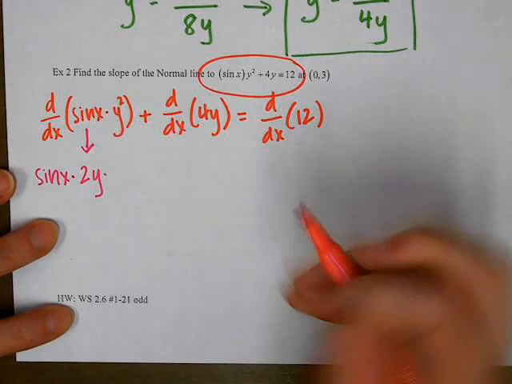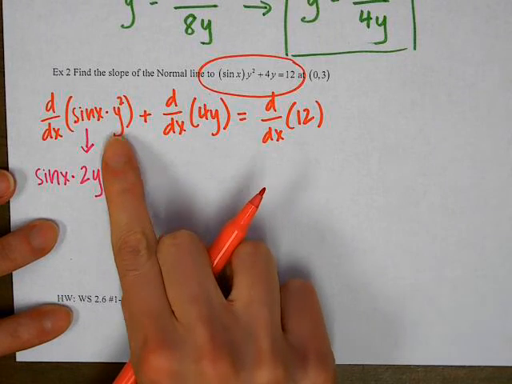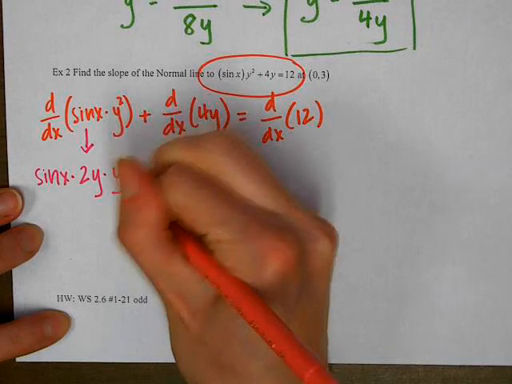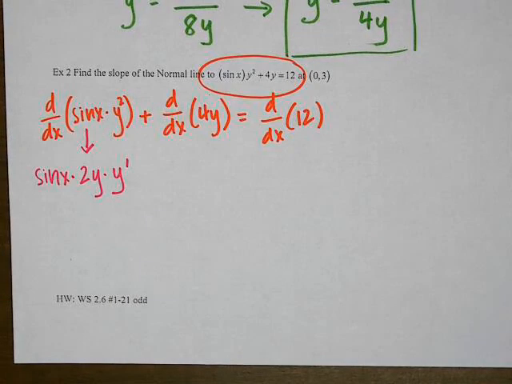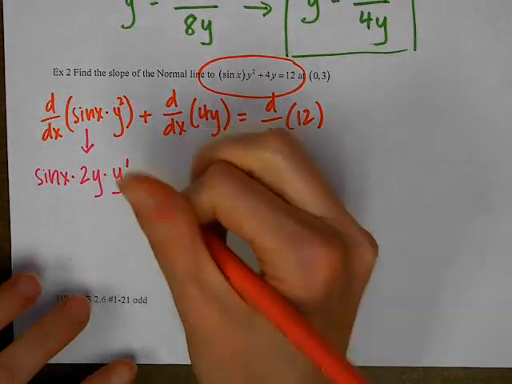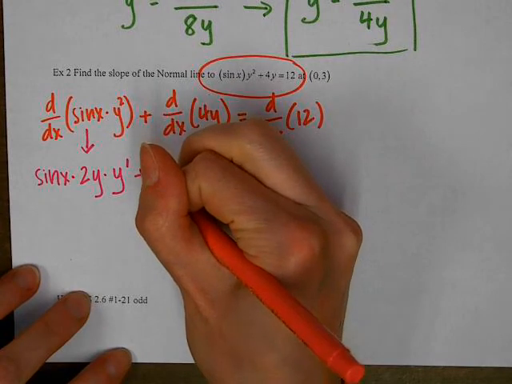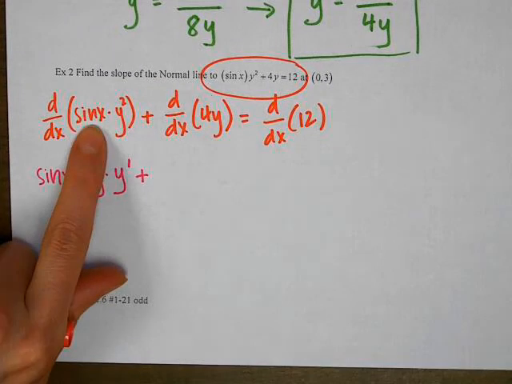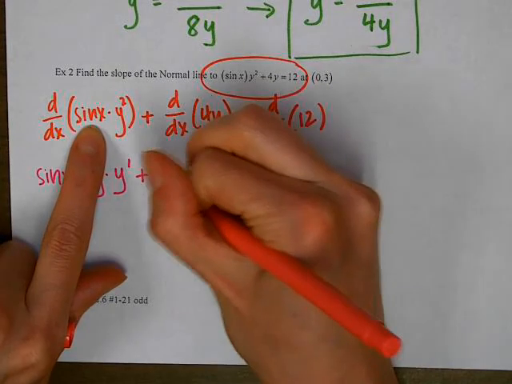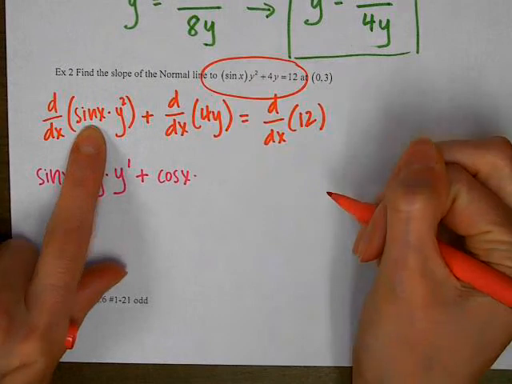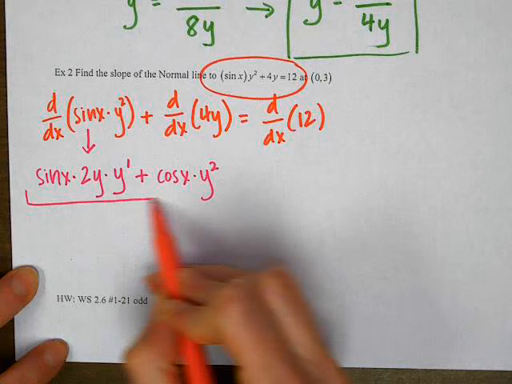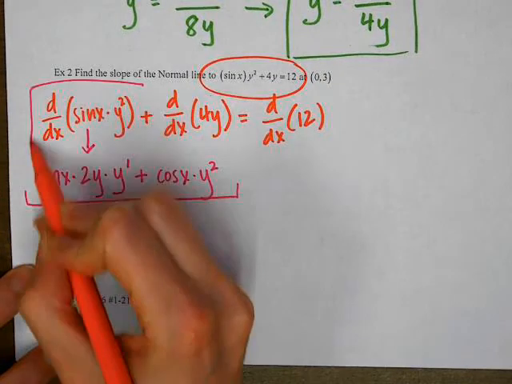But then chain rule says because y is a function of x, we also need to find the derivative of y itself. Okay, and then continuing product rule, the second part is the derivative of sine, which is cosine x, times the second function, y squared. So this is all product rule for this first derivative.